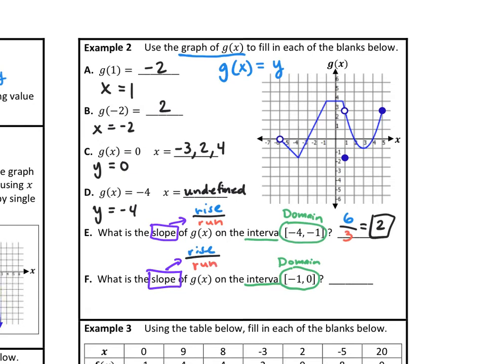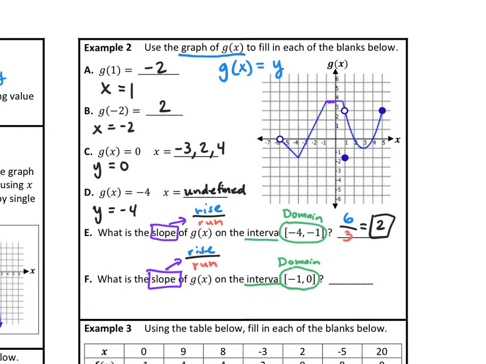And we're looking at the interval between -1 and 0. So between -1 and 0. And so the piece of the graph that I'm interested in is this small piece right here. We're interested in this piece.